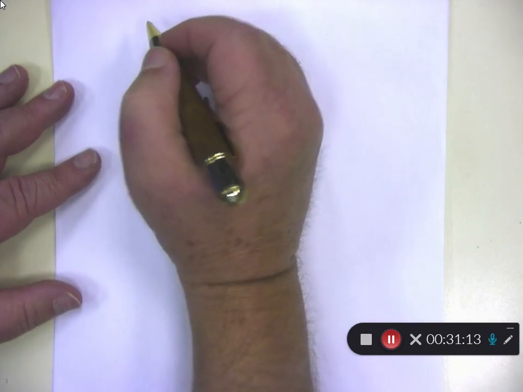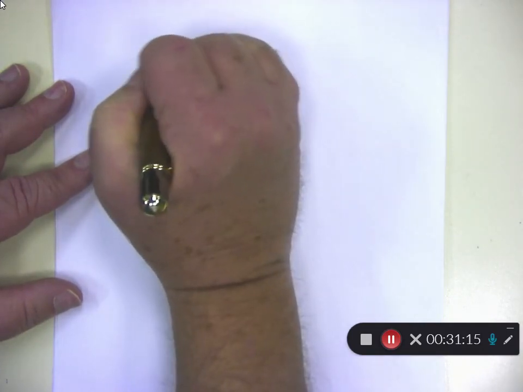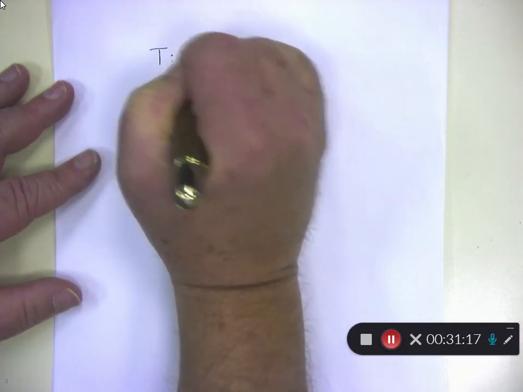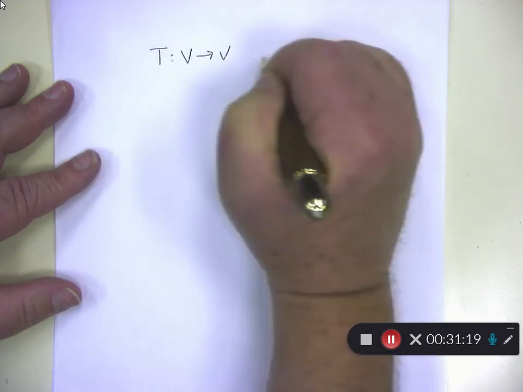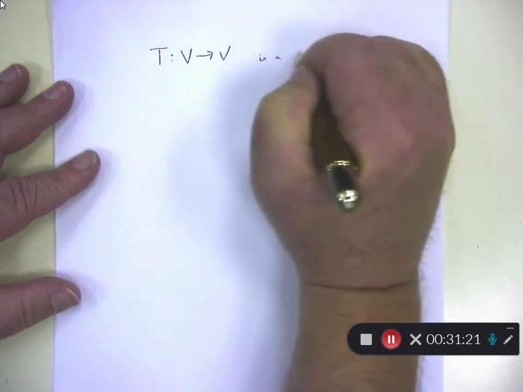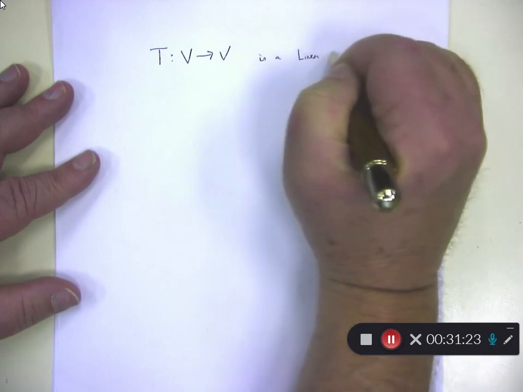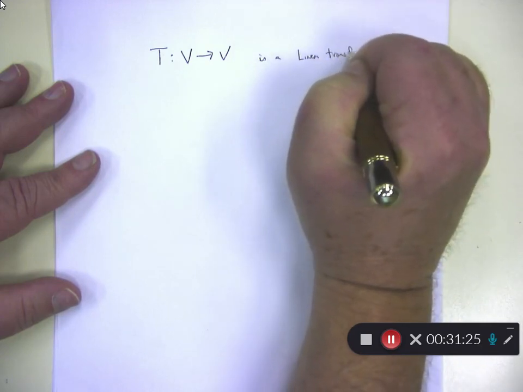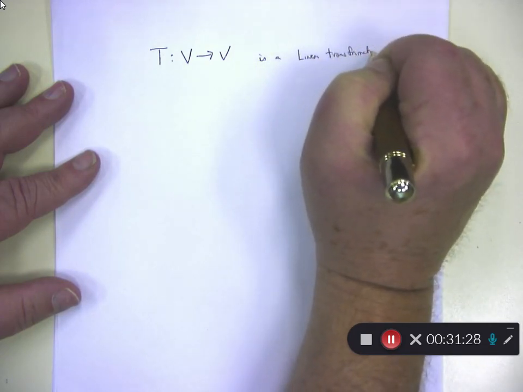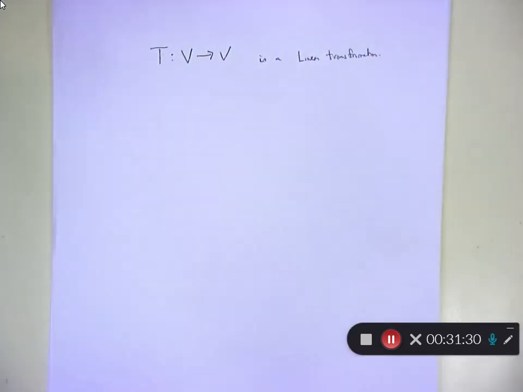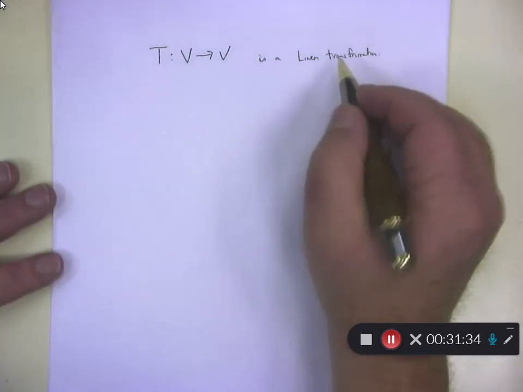Here's the deal. You have T going from vector space V to vector space V, a linear transformation. What does that mean? Well, we had some properties of linear transformations.